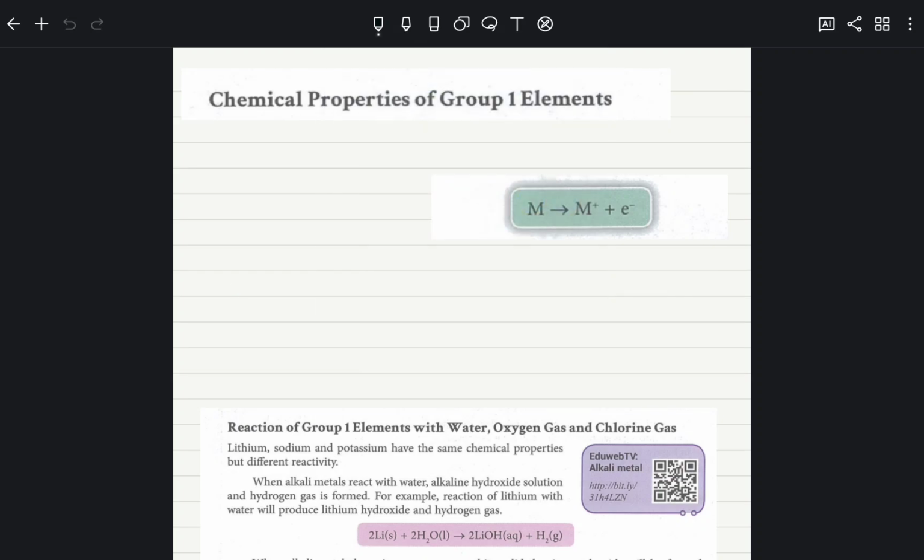Remember that chemical properties for all the elements in this chapter you will learn with a few experiments. Why do we learn with a few experiments? Because students tend to question the Lembaga Peperiksaan Malaysia and KPM: we learn the concept but where do we apply the concept? So the response from KPM is, you want to know where we apply the concept, right?